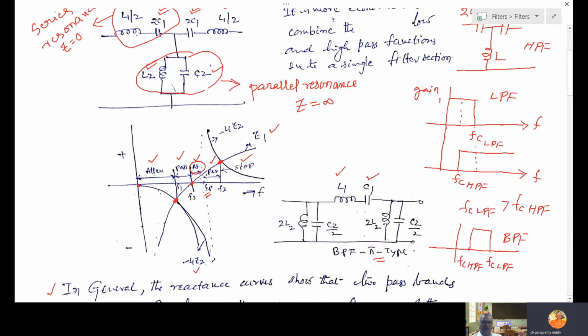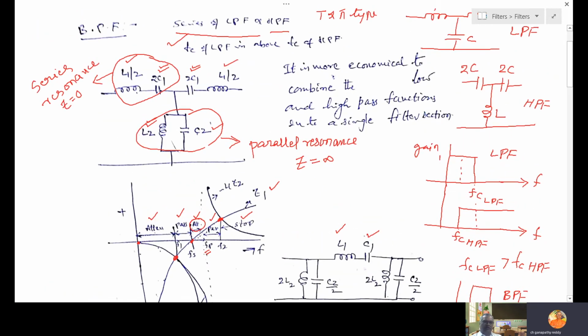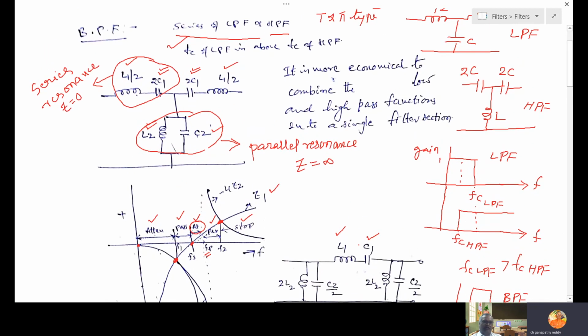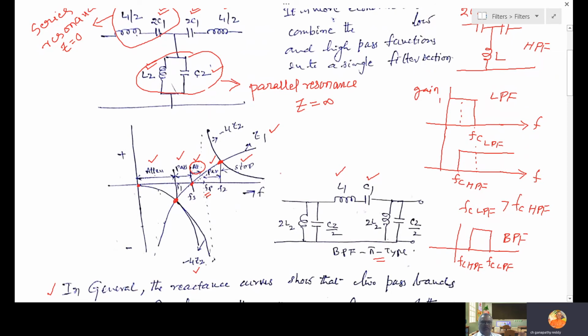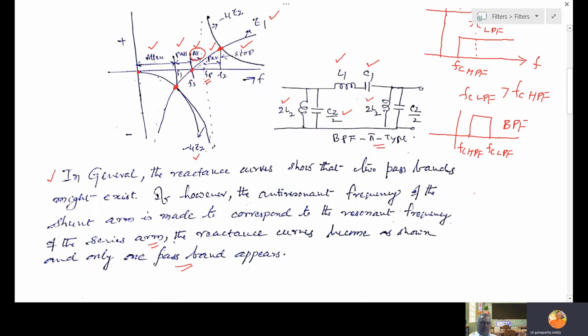T to pi and pi to T, I already told you. So here 2L2 and 2L2 in parallel become L2, and C2 by 2, C2 by 2 in parallel give C2. That's why C2 by 2, C2 by 2 is written here. So if you remember T, you can get back pi. Don't learn both by heart. If you remember one confidently, you can easily get the other.